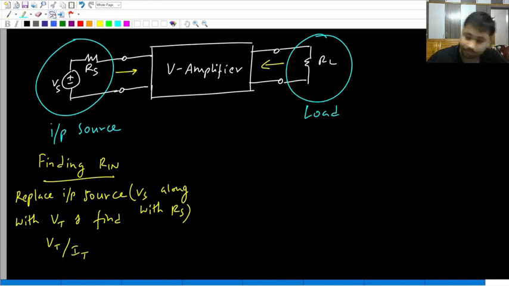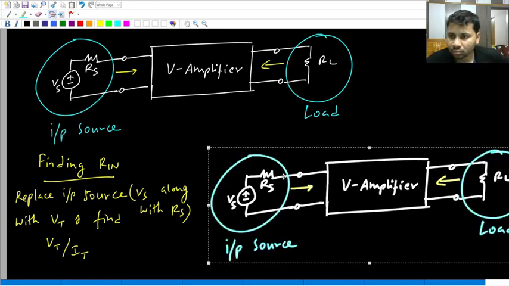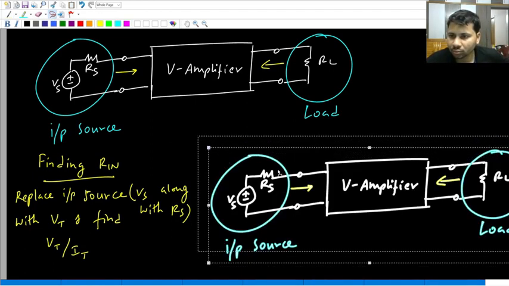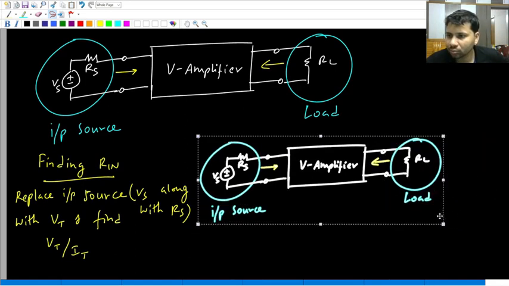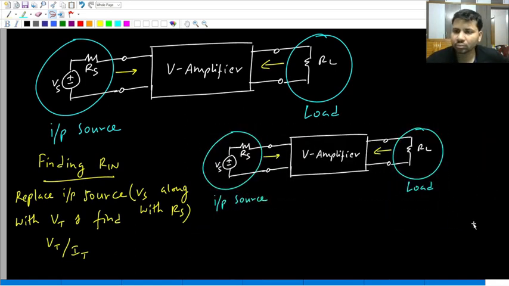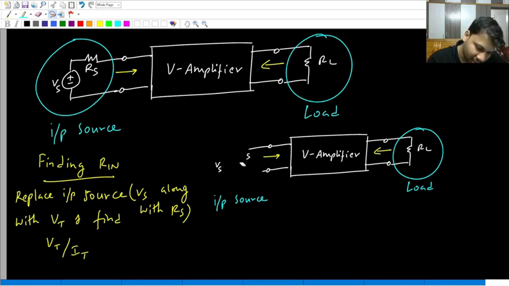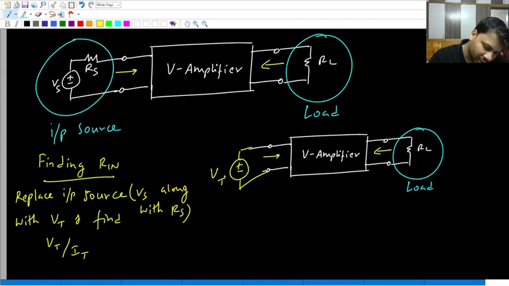So once again we have the same thing. I said to find the input resistance, you should replace the input source. Look at this. I have replaced the input source with a voltage source Vt.